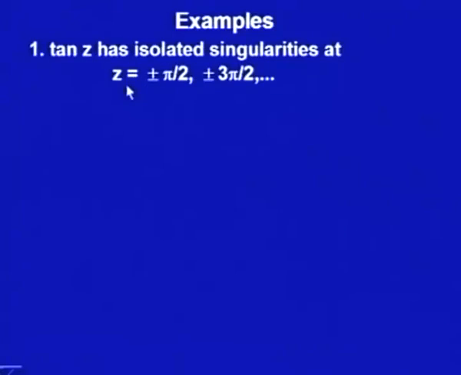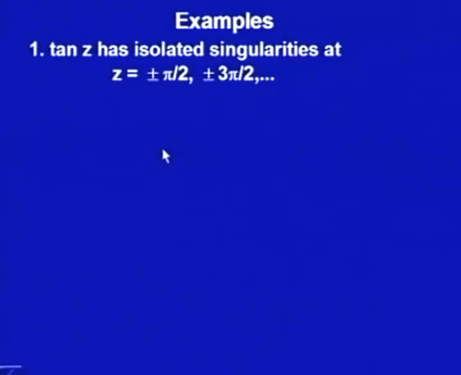If I take pi by 2, then tan z is not analytic at pi by 2, but it is the only point at which it is not analytic. Any point in the neighborhood of pi by 2, tan z is analytic. So it has an isolated singularity at pi by 2. Similarly we can check for each of these points.